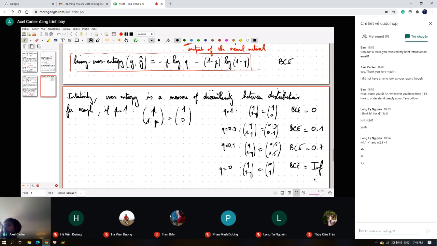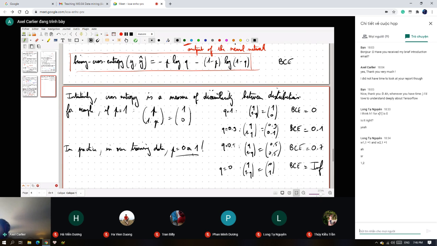And remember that in practice, in our training data, we have P equals 0 or 1.